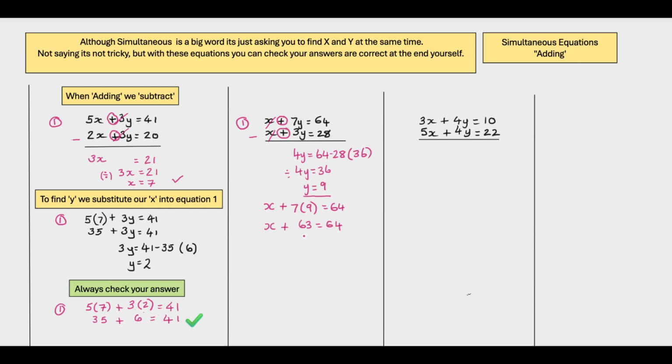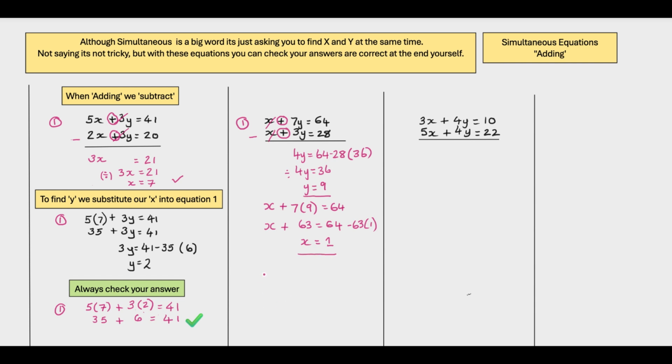We want x on its own, so we're going to take that over. 64 subtract 63 is 1. So x equals 1. We could leave it like that, but we're going to check our answer.